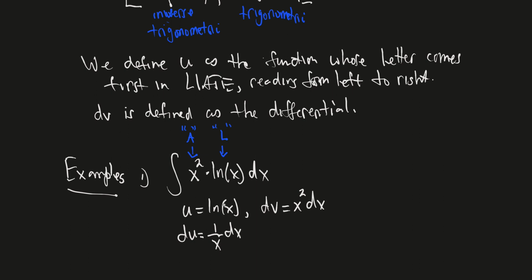So all these derivatives are now written in differential form. And then for the dv, we want to figure out what v is, right? So I want a function that when I differentiate it will give me x squared. Well, that will be 1/3 x cubed. So now we have these 4 pieces that we can use to set up our integration by parts formula, right?